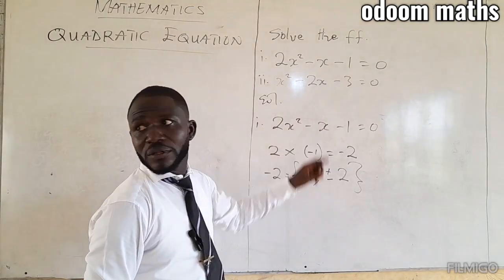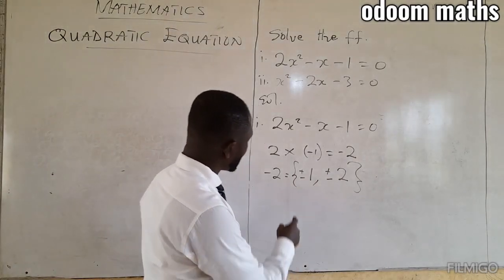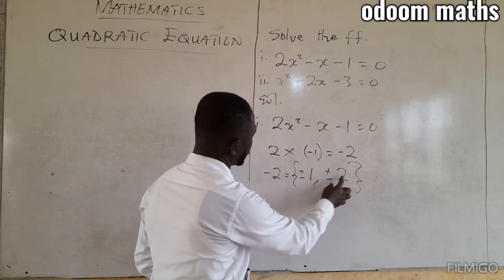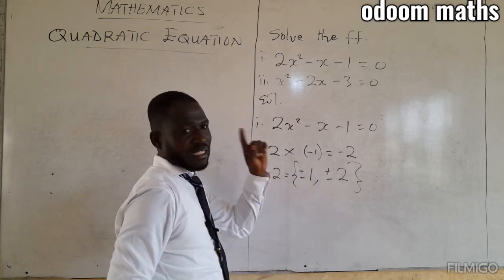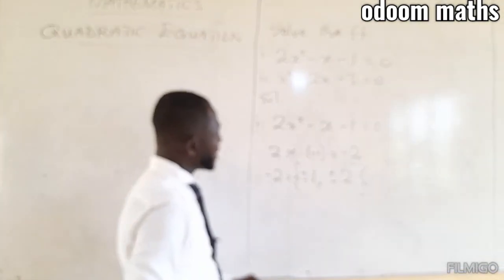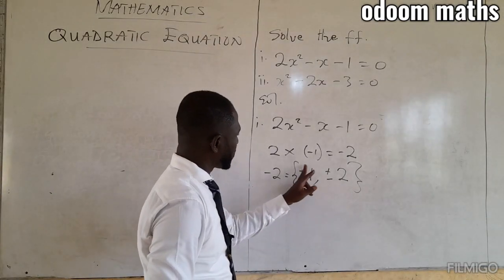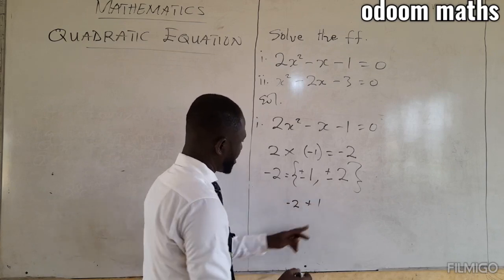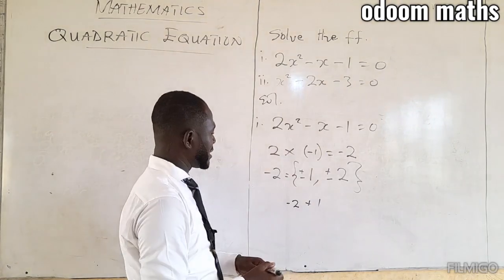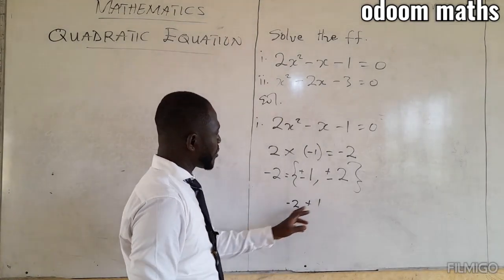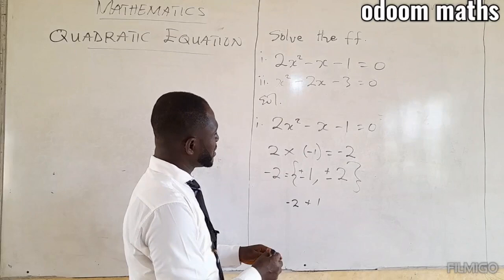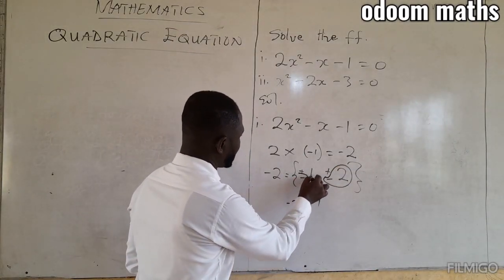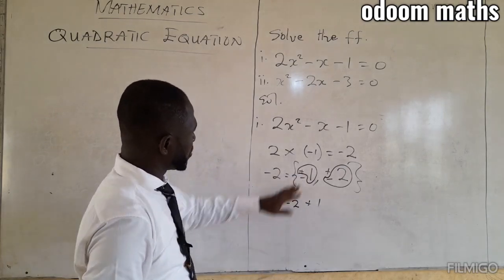If I take negative 1 and positive 2, if I add, I get positive 1, which will not fit here. If I take negative 2 and positive 1, this is going to give me negative 1. But if I multiply this, do I get negative 2? Yes.